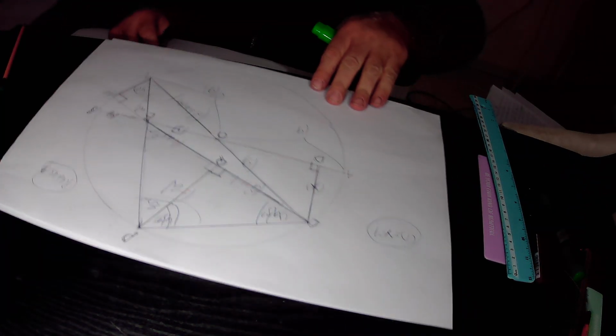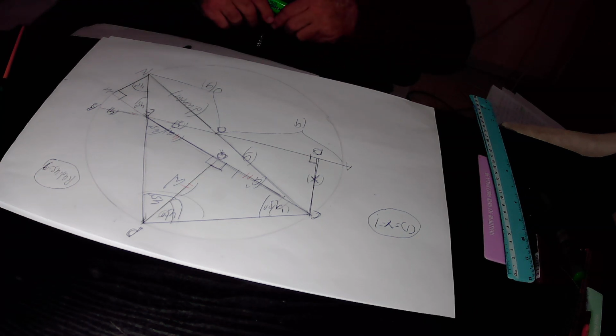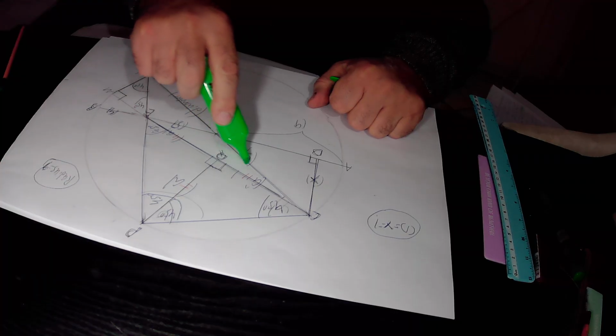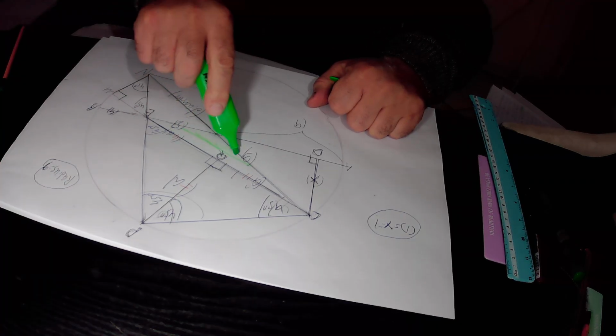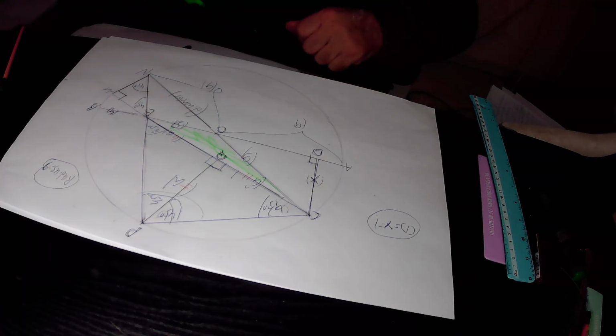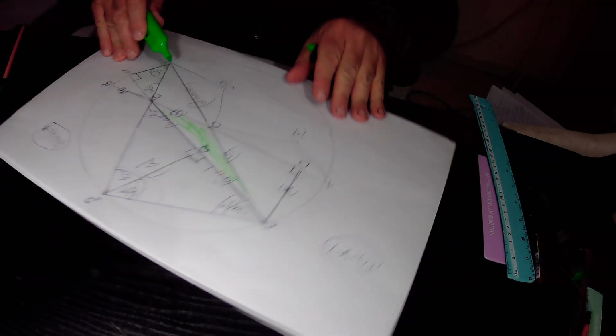In the next step, we calculate the area of this green triangle, triangle COE. What is the area of the green triangle, triangle COE?